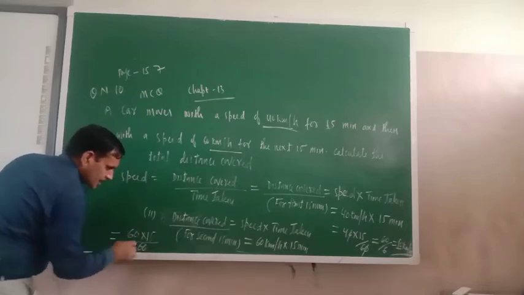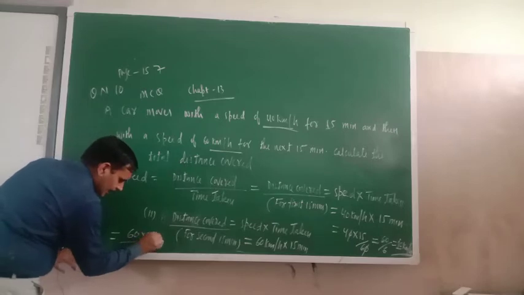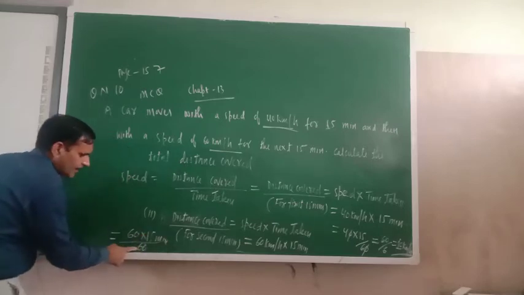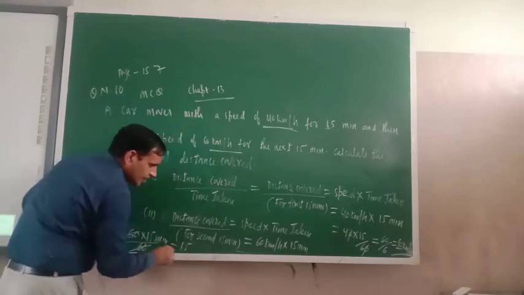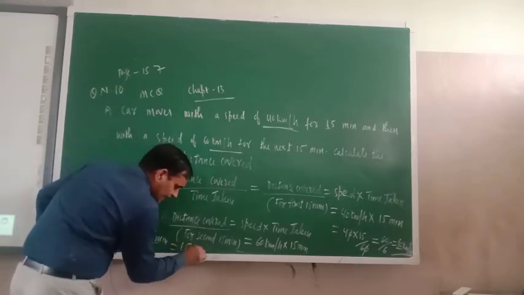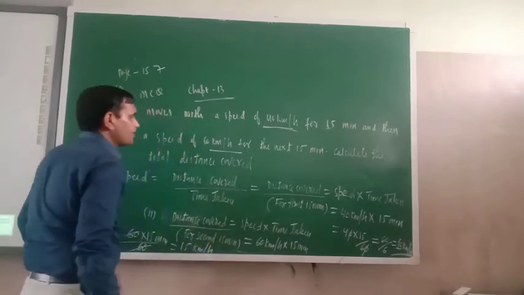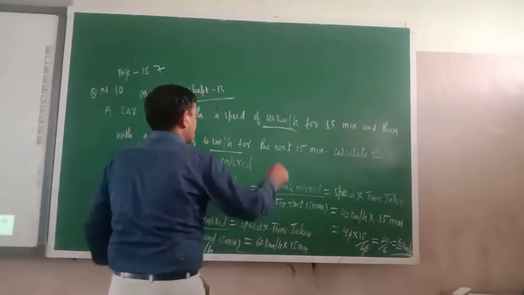So this is in minute. That is why I converted this one into hour. So divided by 60. So 60 is cancelled out. Here you will get 15 kilometer per hour.